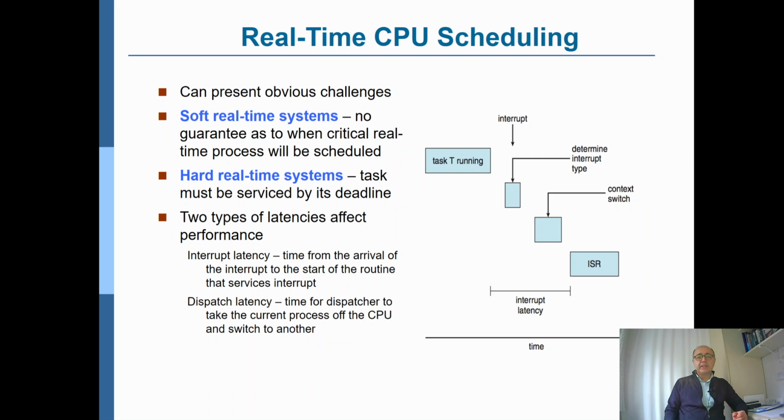Soft real-time systems are systems where, different from the regular use of processes, now we're a little bit more concerned about the execution of real-time processes, like, for example, video streaming, where it's important that those processes have more CPU time. More important, their response time is much shorter.